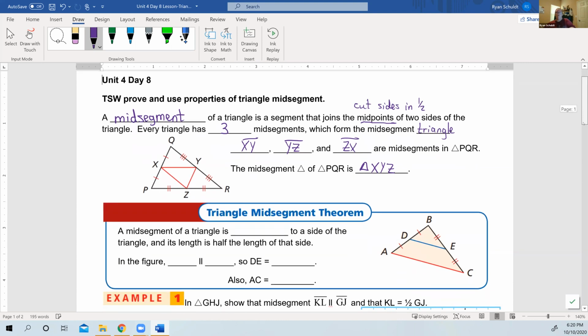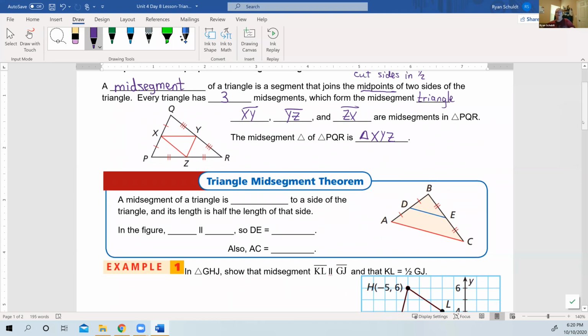Now that we know what midsegments are, let's look at the triangle midsegment theorem. A midsegment of a triangle is parallel to a side of the triangle, and its length is half the length of that side.